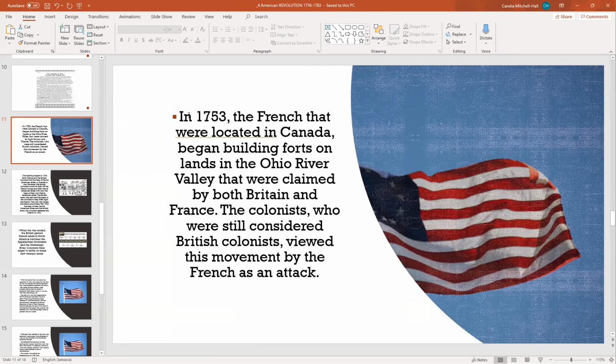The colonists, who were still considered British colonists, viewed this movement by the French as an attack.